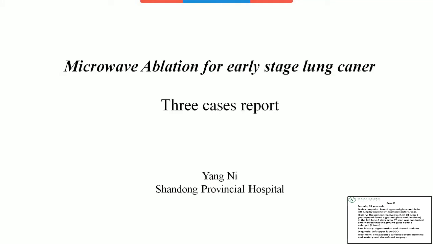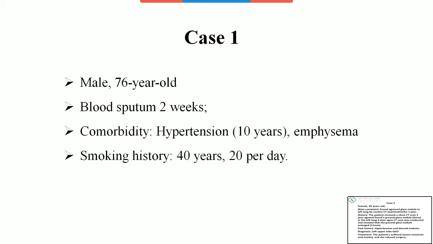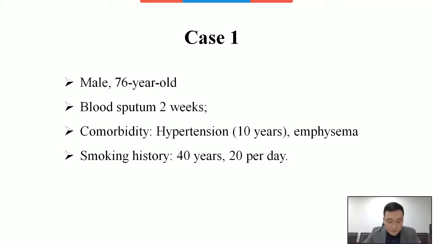Good afternoon, everybody. Here I report 3 cases of microwave ablation for early stage lung cancer. Case 1 is a 76-year-old male patient. He complained of bloody sputum for 2 weeks and suffered from hypertension and severe emphysema.